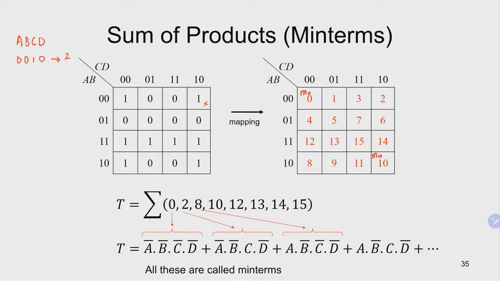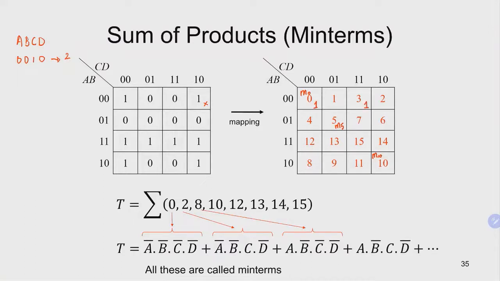Or this term here will be m5. So in our Boolean expressions, if we have, let's say, this is 1, and this is 1 in a very simple expression.